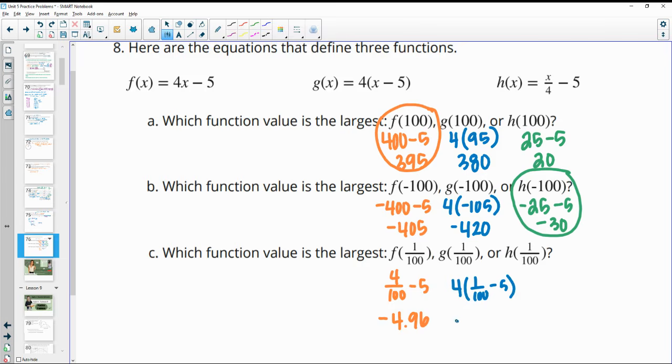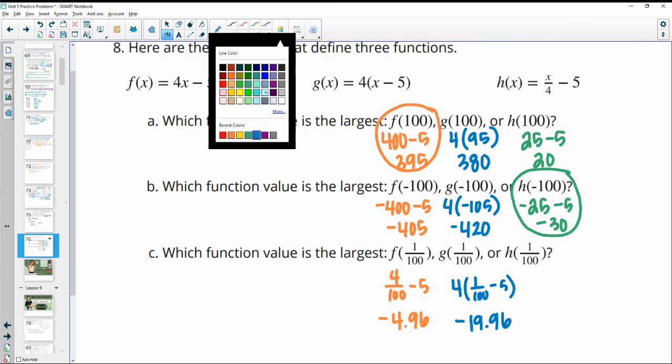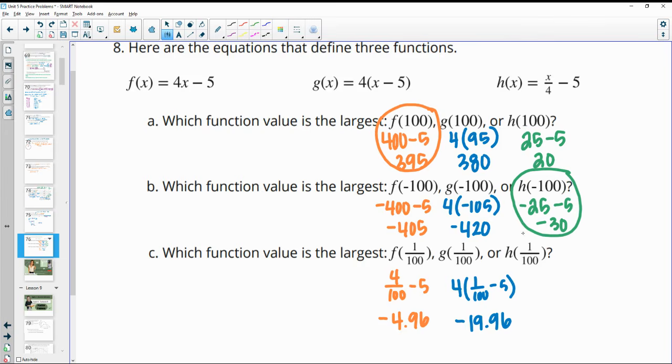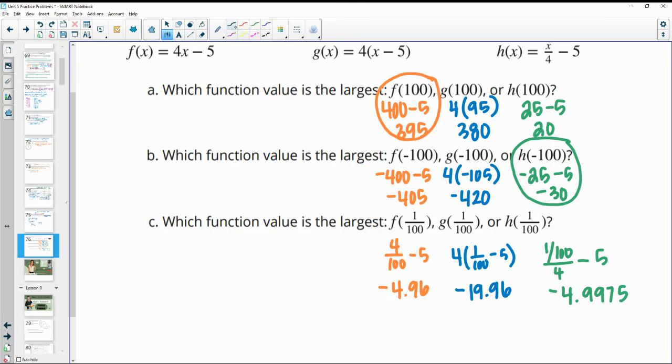If you use your calculator for that, you get negative 19.96. And h of 1 over 100, so if we do 1 over 100 divided by 4 minus 5, we get negative 4.9975. So which of these is the largest?